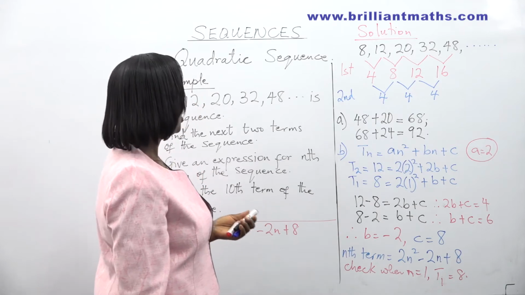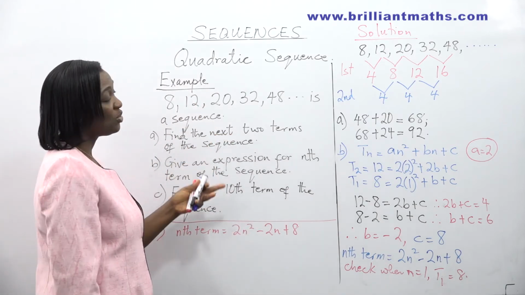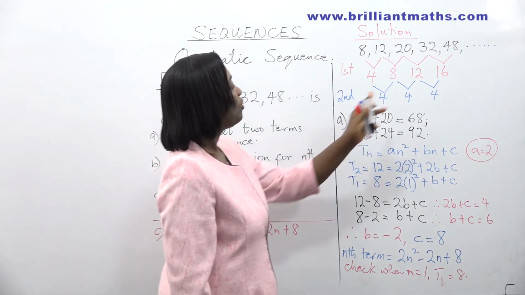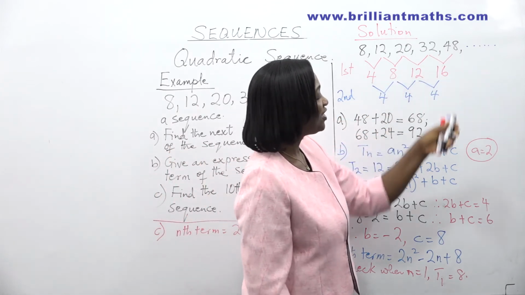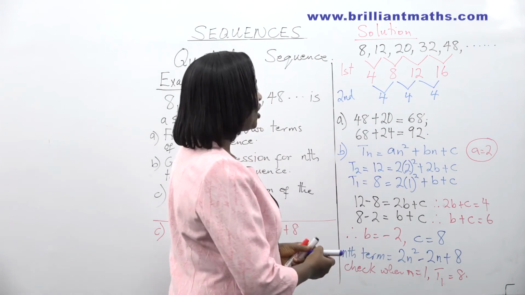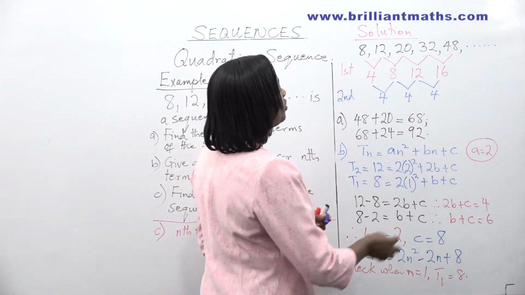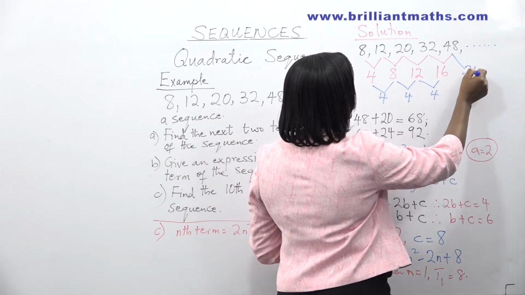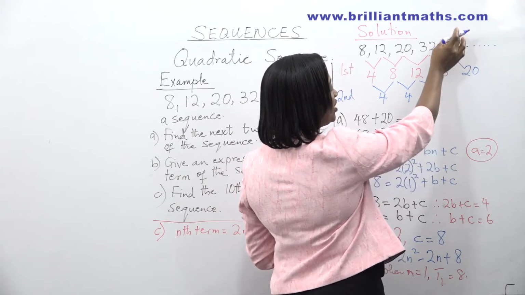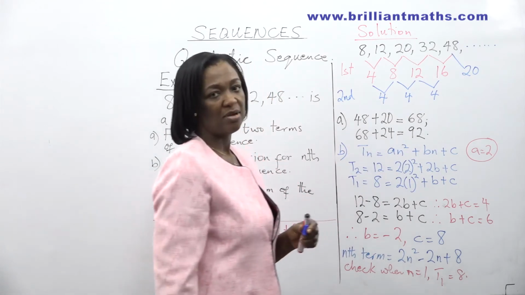The first question is to find the next two terms of the sequence. So we have 48. But as we can see, the first difference always increased by 4. So we simply add 4 to 16, and that gives us 20. So you add 20 to 48 to get the next term.